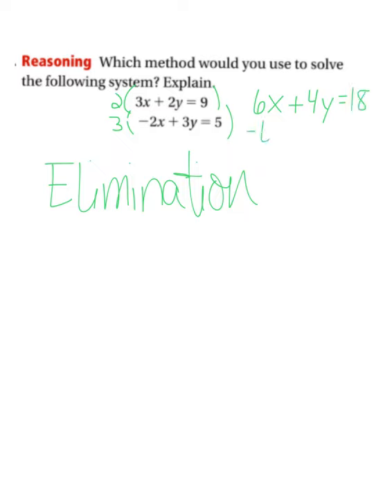And in the bottom, we'd have negative 6x plus 9y equals 15. You have a 6x and a negative 6x. In order to eliminate those, you would have to add to get 0. And go ahead and solve for x and y on these. So elimination, but we are actually going to have to multiply both equations in order to get the coefficient of x the same.